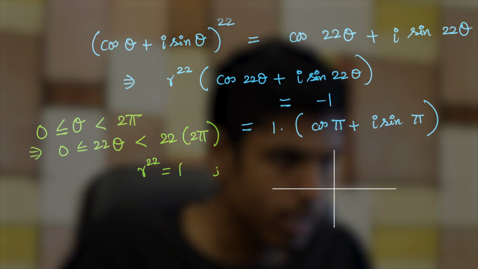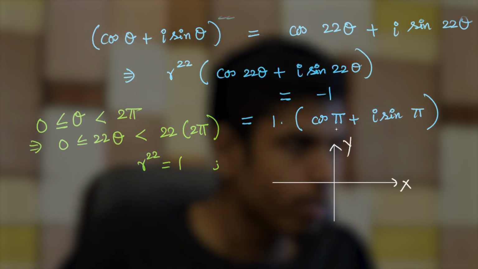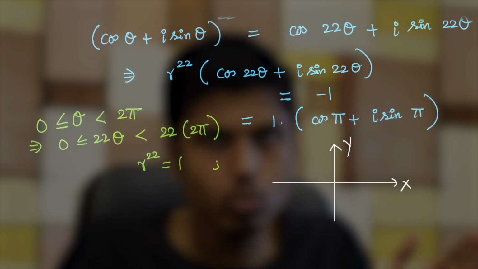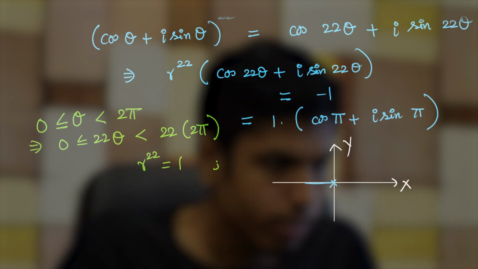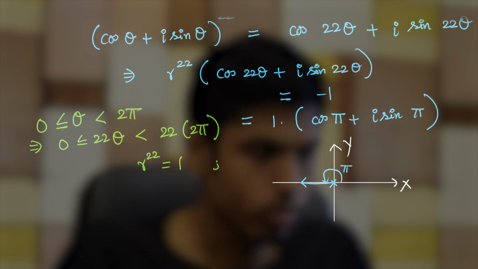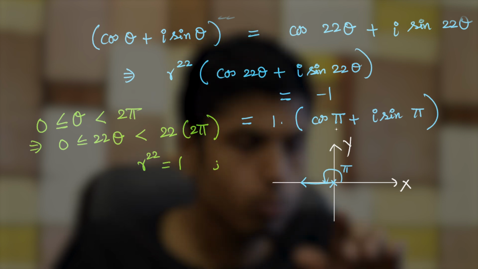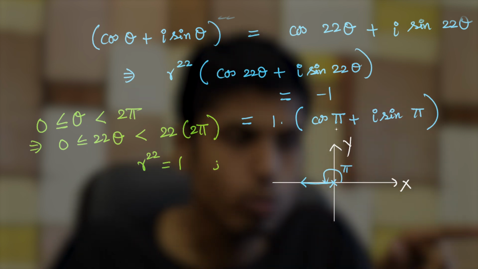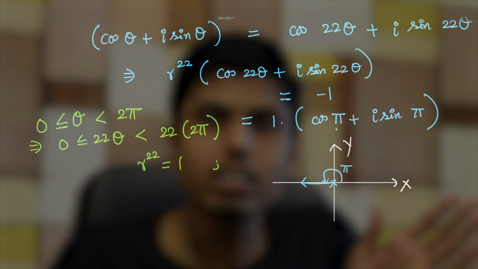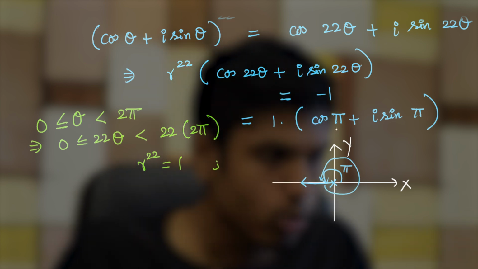Suppose you have the xy plane like this, and if we consider the angles from 0 to 22 times 2 pi, we get the angle pi, and also the angle 2 pi plus pi, because once you make a 360-degree rotation from pi, you will land in the same place. Thus, 2 pi plus pi would give us 3 pi.